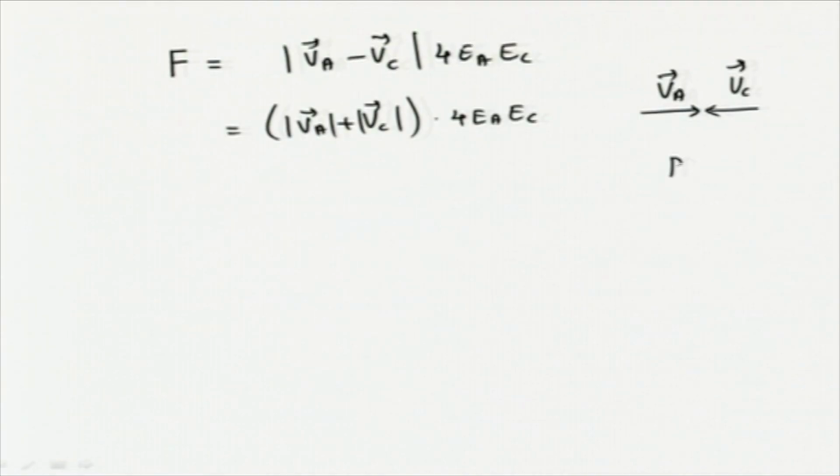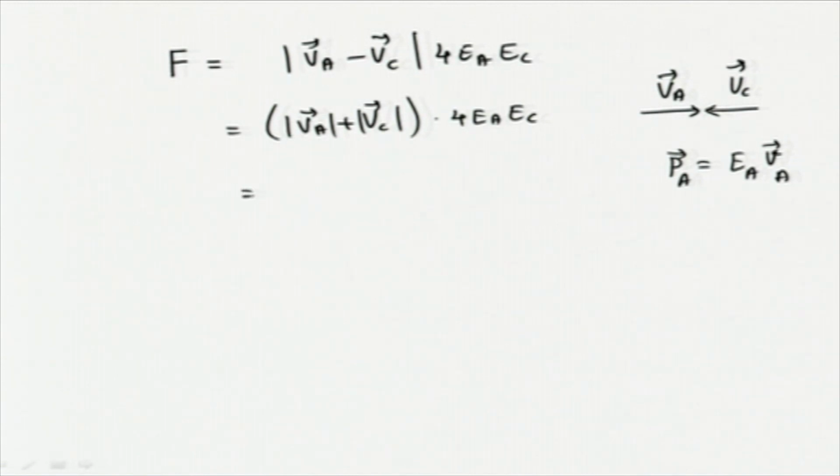Now, the other thing to notice is that I can write the 3-momentum as p = E v. The relativistic momentum is written in this fashion.